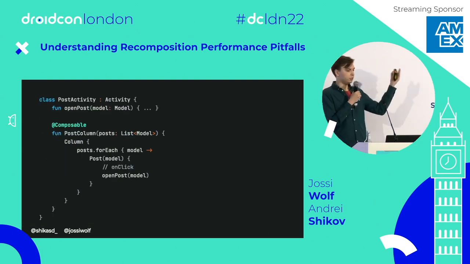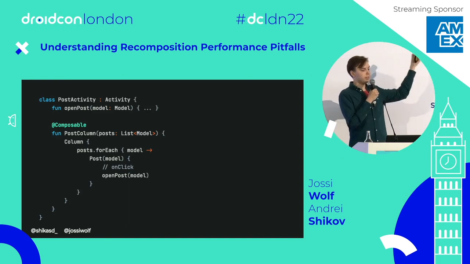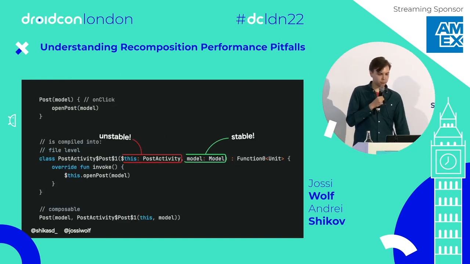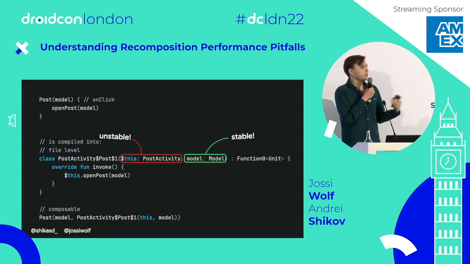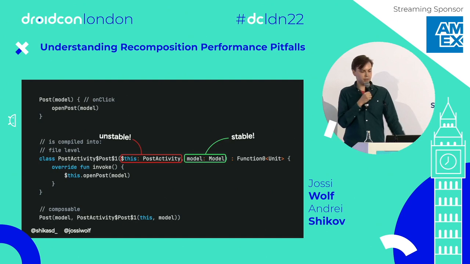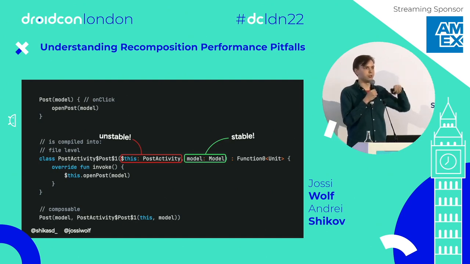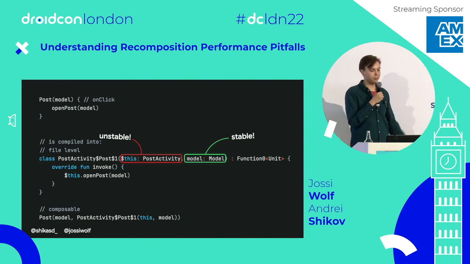Let's consider a similar example, but now I moved everything inside the activity. And when we look at what it gets compiled to, we'll notice that we also captured the activity, because now we have to call the method openPost on the activity instance, which maybe makes sense to some of you if you've ever worked on a memory trace. You notice how lambdas can capture random activities, windows, and whatnot.